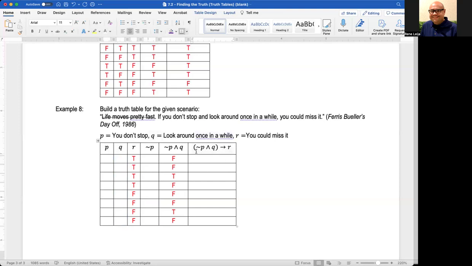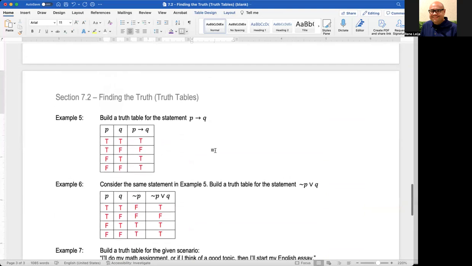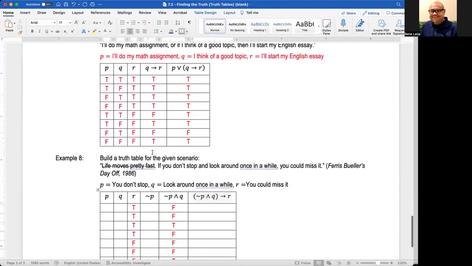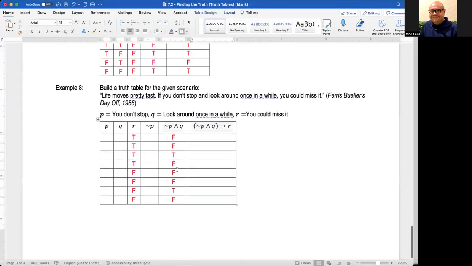Okay, now here's our conditional. P then Q. So remember, the only time that we get a false statement is if it's true going to false. All right, so we want this column. If this column, then this column.